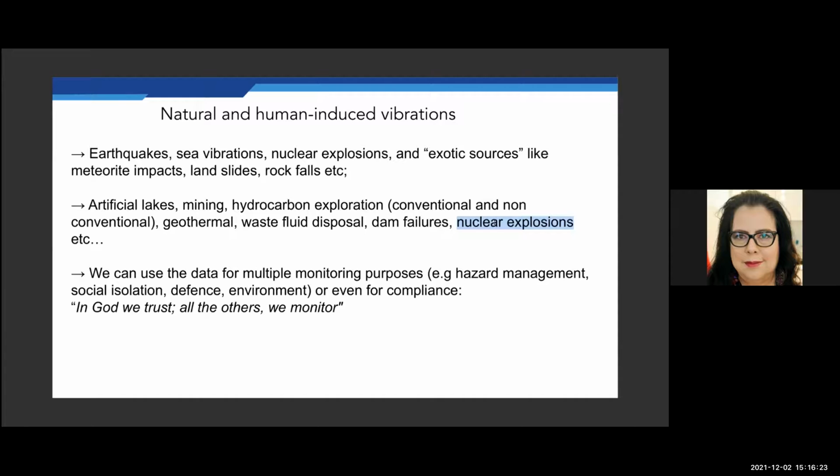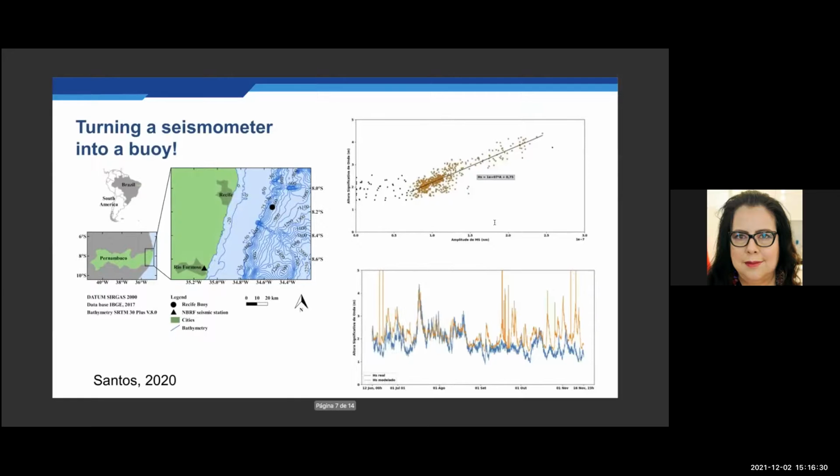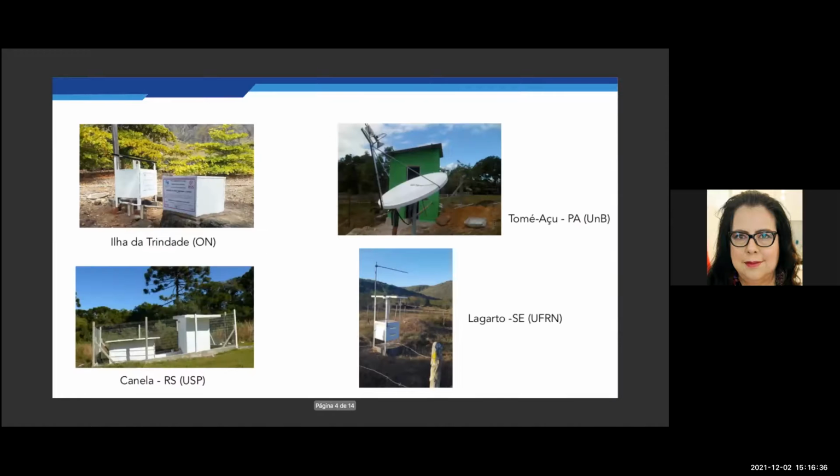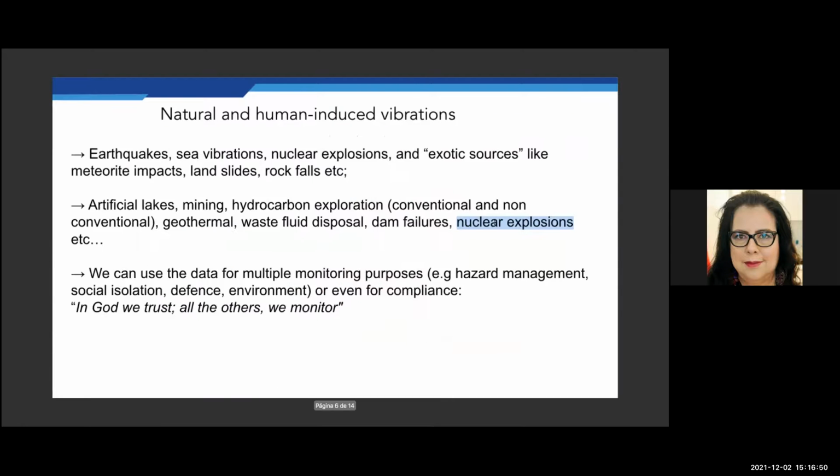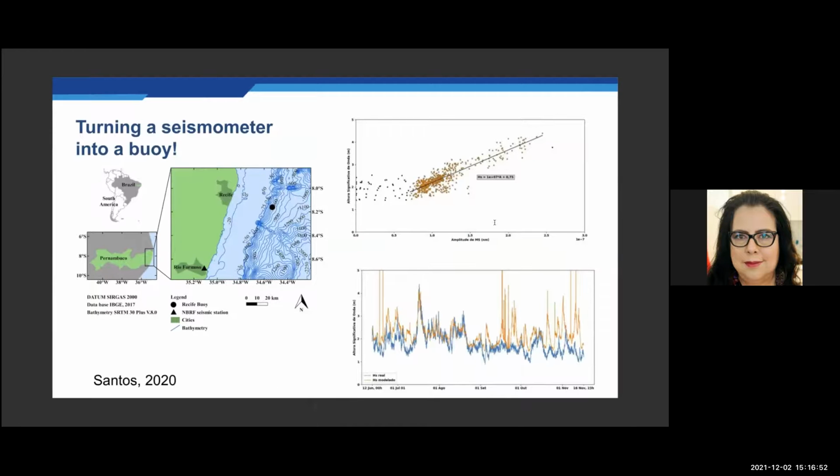I'm just giving a few examples showing that the better you monitor, the better you learn about the country that you have. Another thing that I'm particularly interested in is that if you have a dense network of seismographs, you can start to look at whether the data you're collecting is telling you something about other kinds of observables.